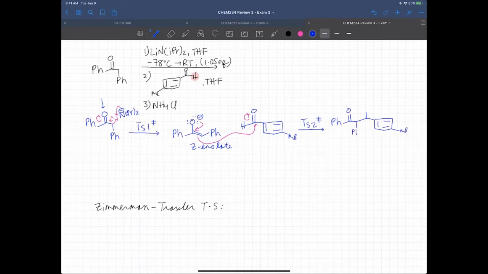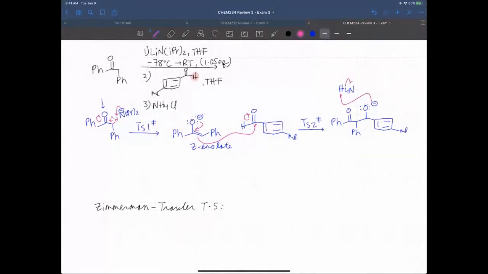What I have here is a phenyl and the nucleophile here, right? And then I just got to do an acidic workup to deprotonate this proton here. So what I get as a final product is a syn product, right?